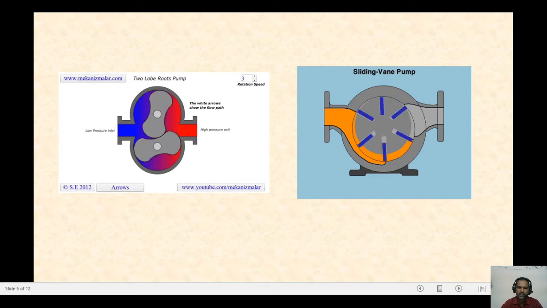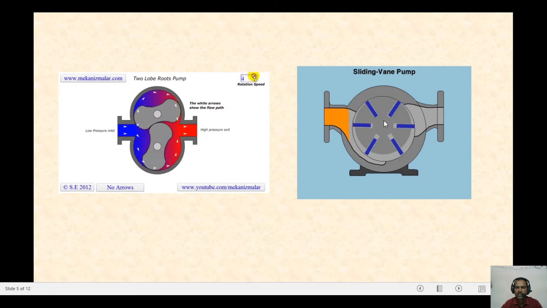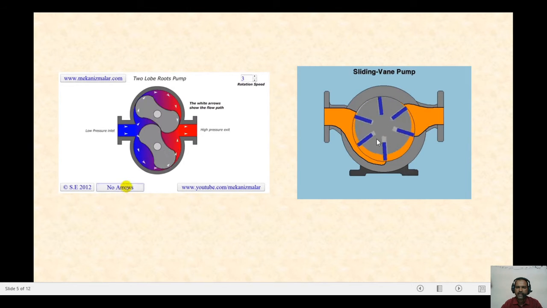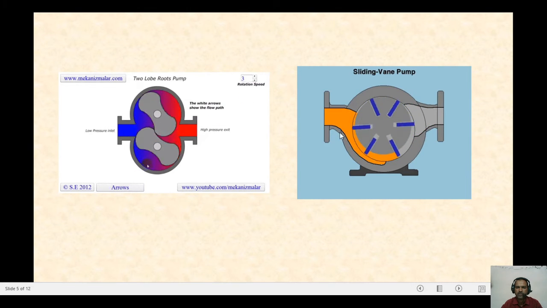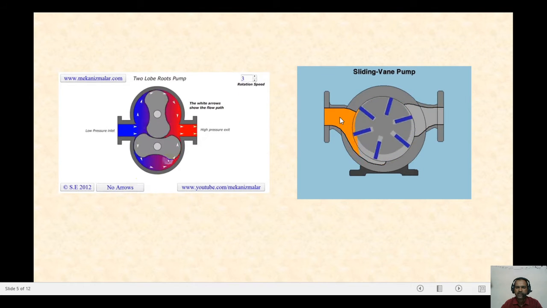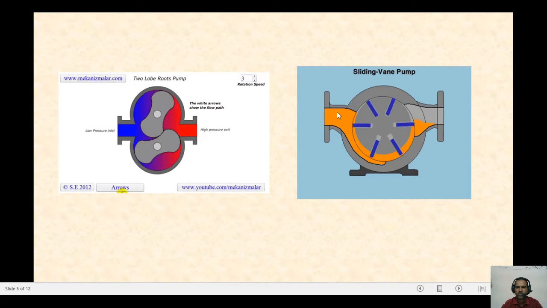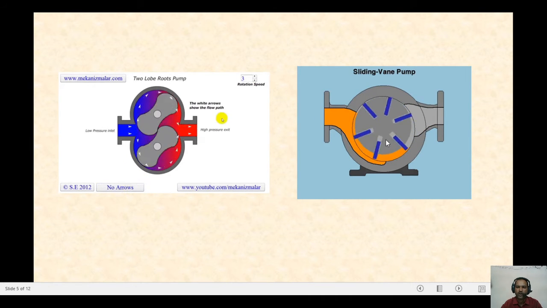So how does it work? When the rotor rotates, because the rotor is connected to the motor, and when the motor is rotating, the rotor is going to rotate. As the rotor moves at high speed, suction or vacuum will be created. Due to the vacuum, the atmospheric air will get drawn into this housing.